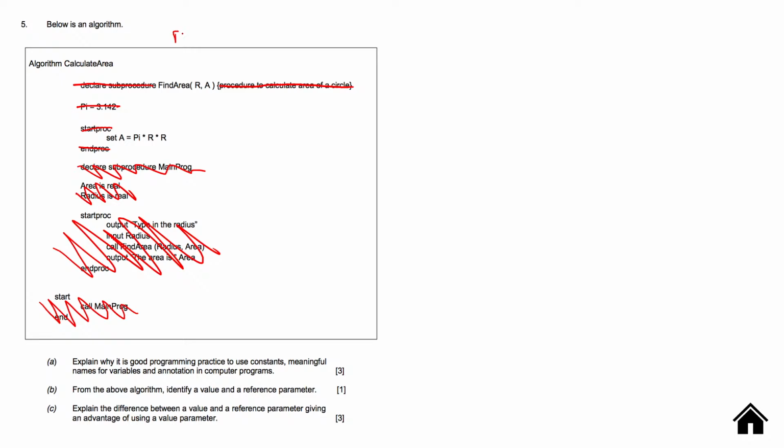If I had R, A, B, C in brackets, that procedure would have 4 parameters. I can't count. Now this only has 2 parameters. This one, I imagine, is the radius, and this one is probably the area. It's calculating the area of a circle. That's all it's doing. But you don't even need to understand that.